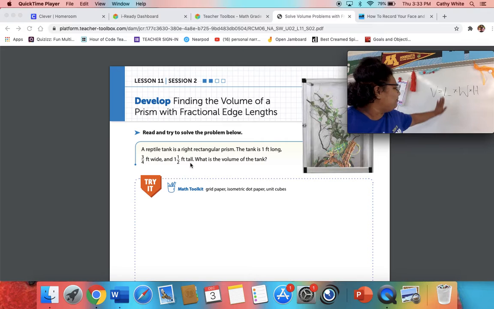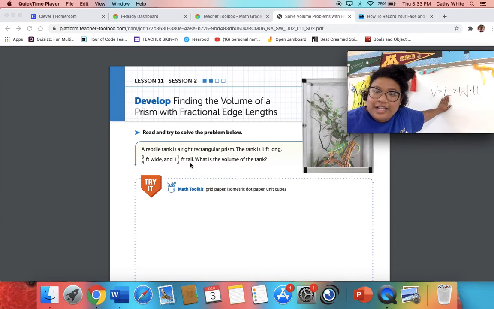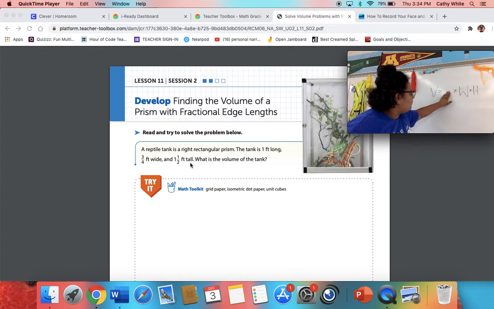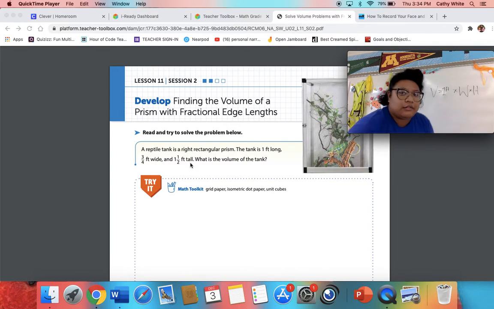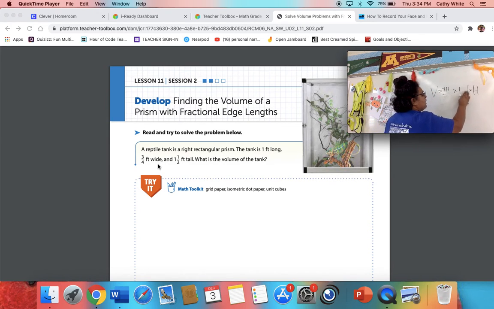L and L, so that means we're putting this 1 foot in for our L, because long is length. Alrighty, let's keep reading. 3/4 feet wide. Well, W and W, we got a win. We're putting in that 3/4 for our W.